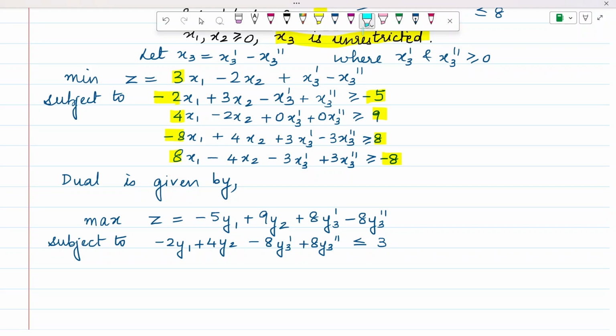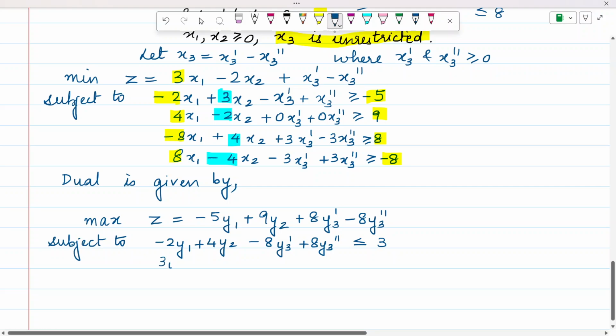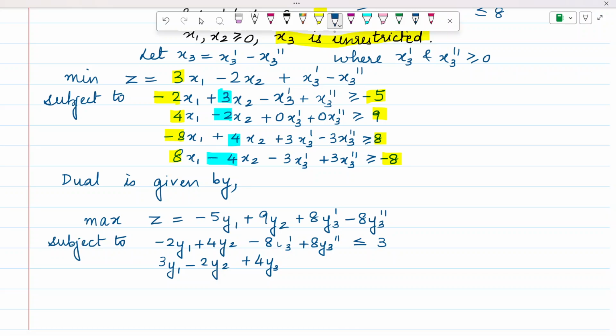Next, we'll take the coefficients of x2, which is 3, negative 2, 4, and negative 4. So 3y1, negative 2y2, plus 4y3 prime, negative 4y3 double prime. Again, less than or equal to negative 2.